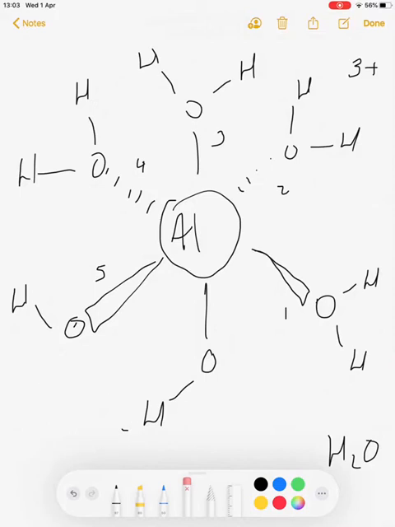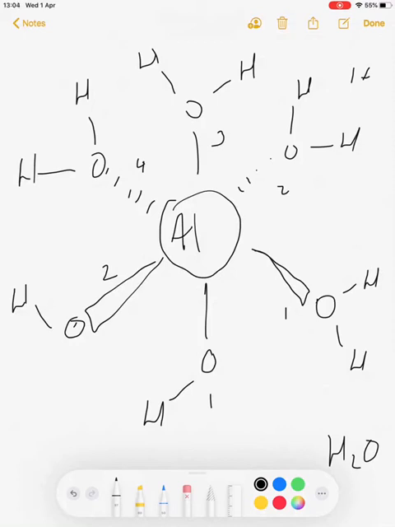And of course, what I'm left with now is 4 waters, and now 2 hydroxides. And of course, each time I have a hydroxide, the charge goes down from 3 plus to 2 plus, and then with 2 hydroxides, that becomes a 1 plus.